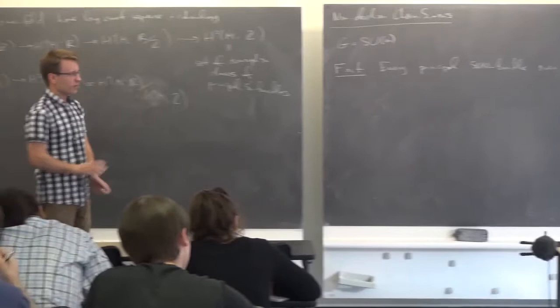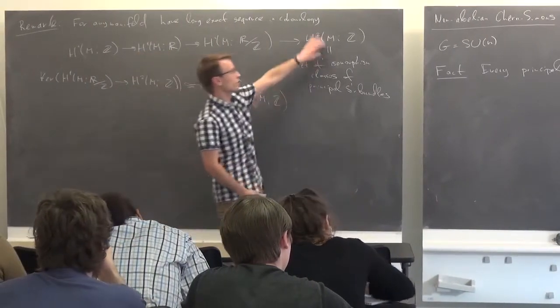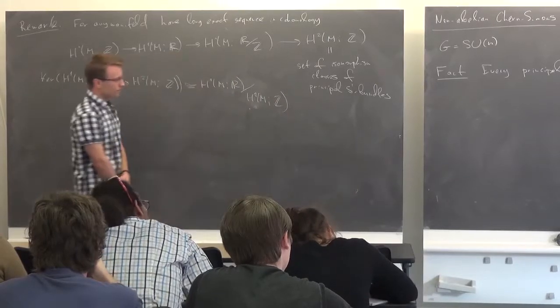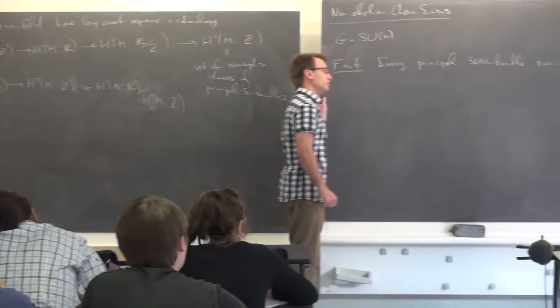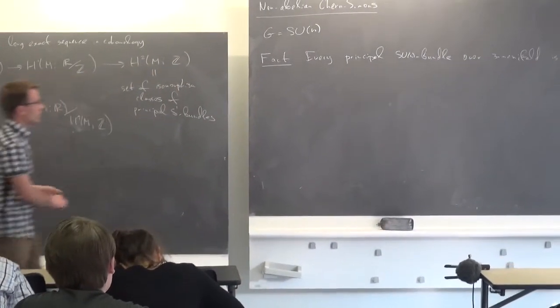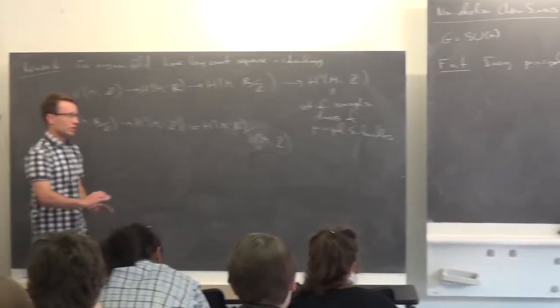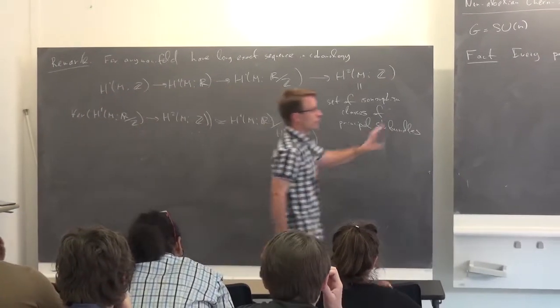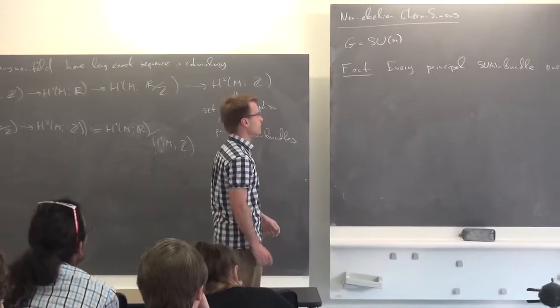So as we've seen for S1 bundles, this is not the case. There are non-trivial S1 bundles, and they're classified by the second cohomology. But for SU(N) bundles, they're all trivial. And so this discussion about extending the action to the bounding 4-manifold, you can ignore all of that for SU(N) Chern-Simons and just define it by an explicit formula.